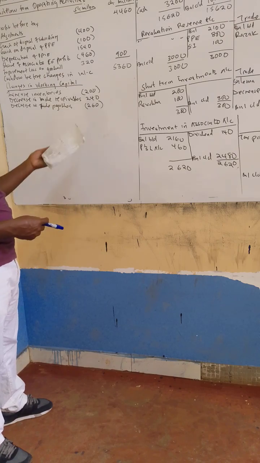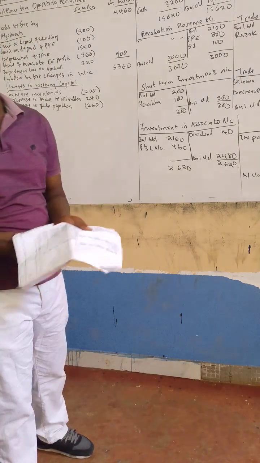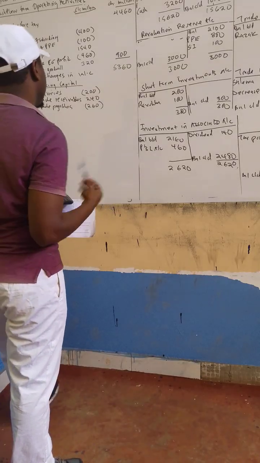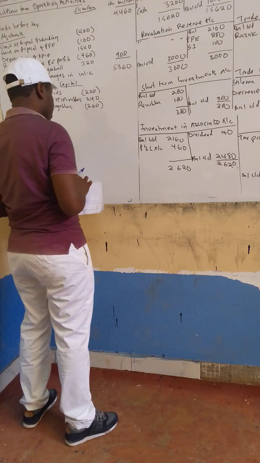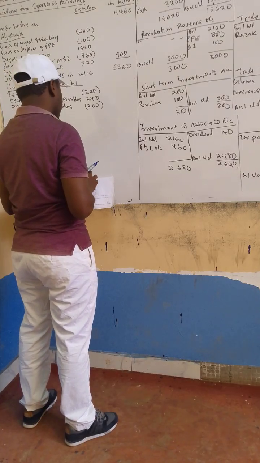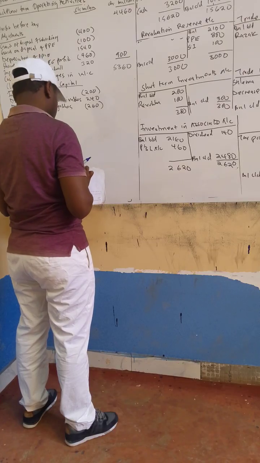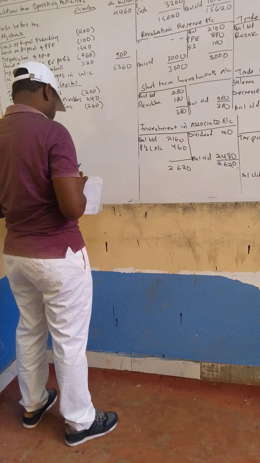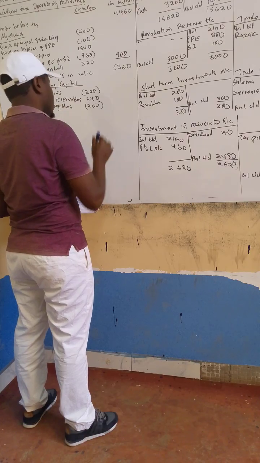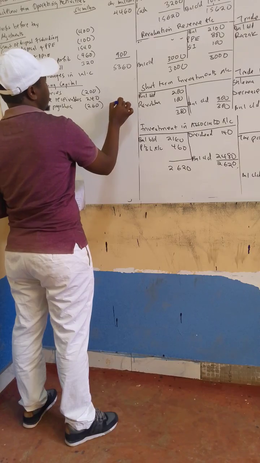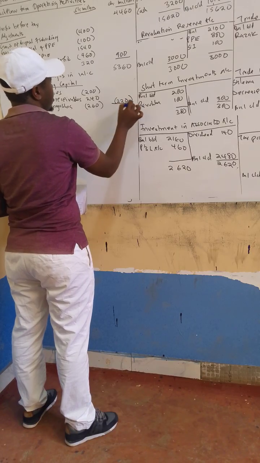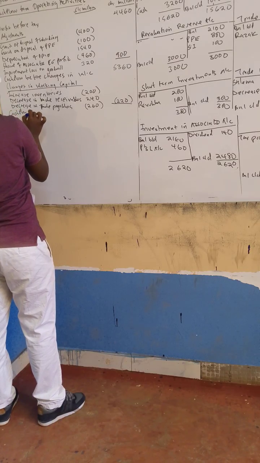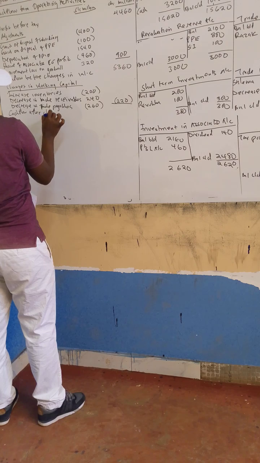Decrease in receivables means that your debtors are paying, so notionally cash is coming in. So let's calculate: negative 200, plus 40, minus 60, you get negative 220. And then you can get cash flow after changes in working capital.